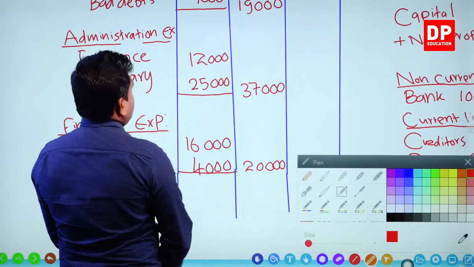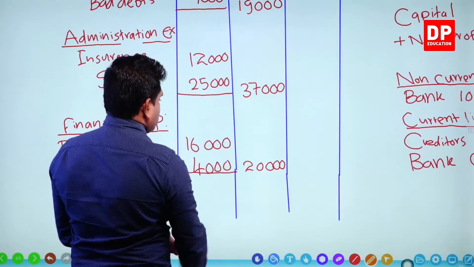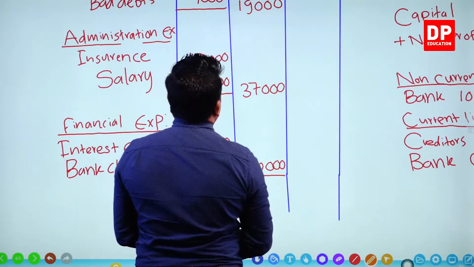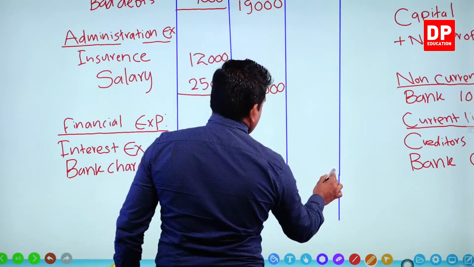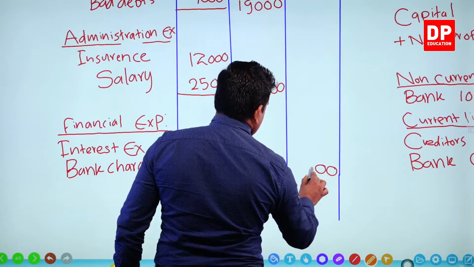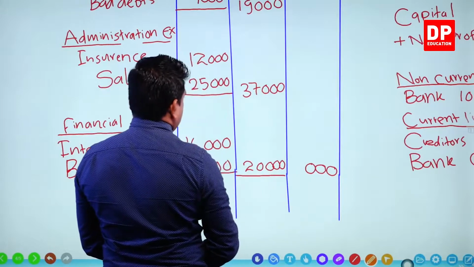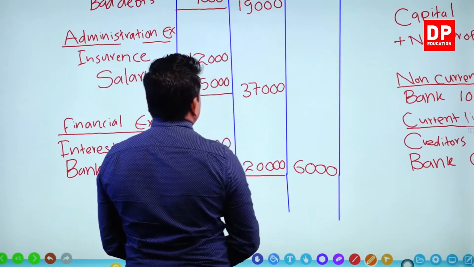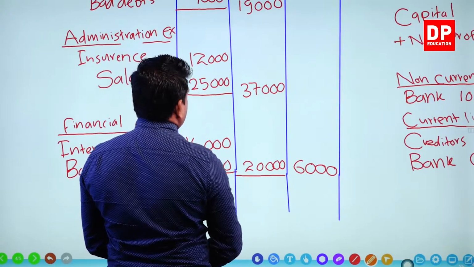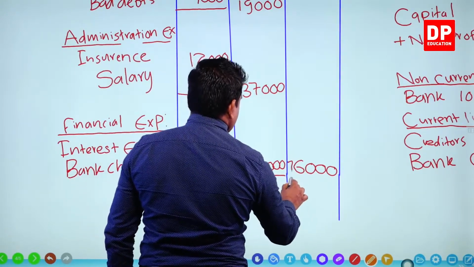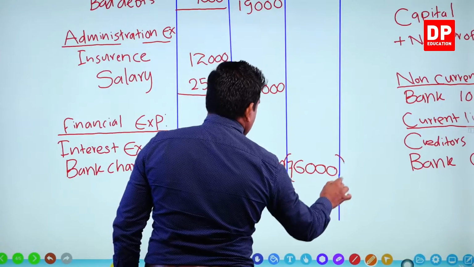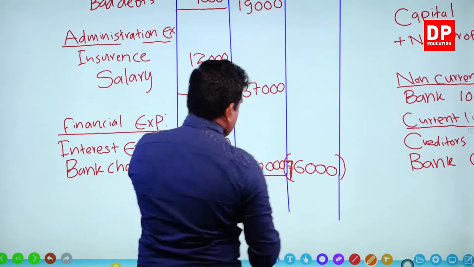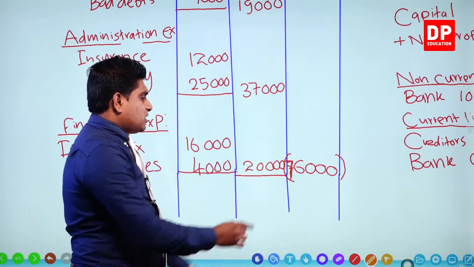Now, you can see there are three main expenses. You have to add them. This is 76,000, right?